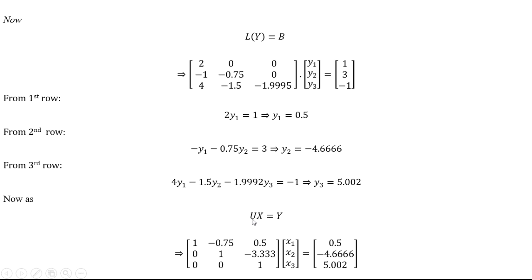Now you need to write the upper triangular matrix, because we have considered here Ux is equal to y. So we will put the values of y on the right side, along with the x matrix and the upper triangular matrix.